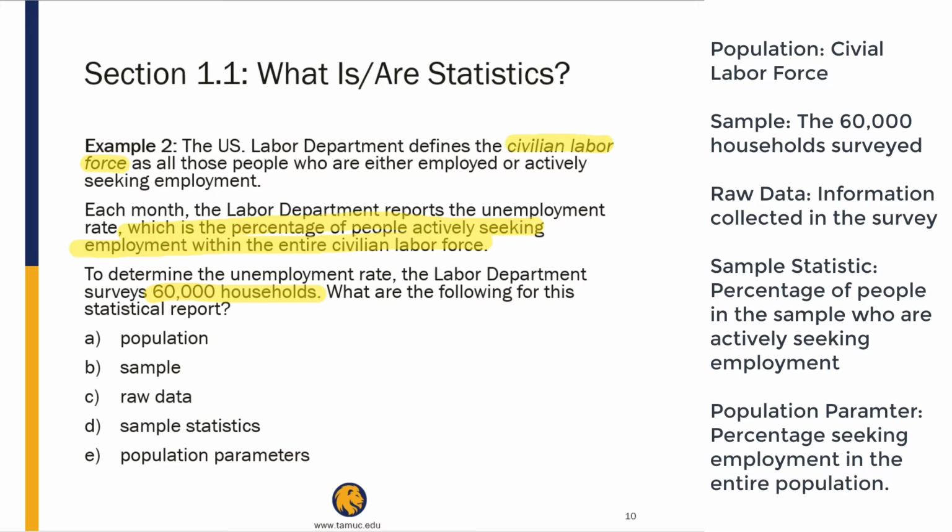We're not actually directly measuring the population parameter, because that would require us to go out to the entire population under consideration to survey rather than just a smaller group. But we're going to use the sample statistics in many cases as an estimator of the population parameter.